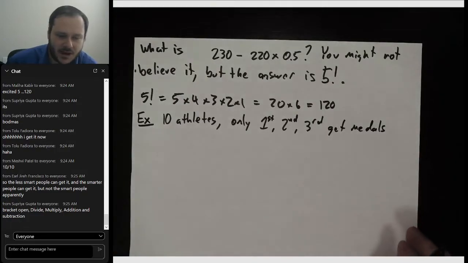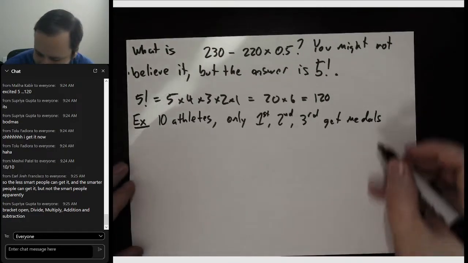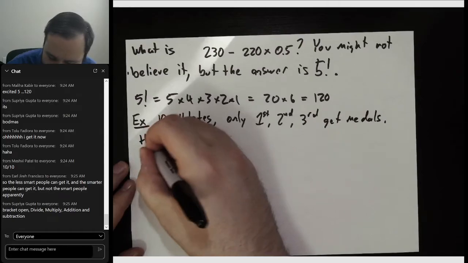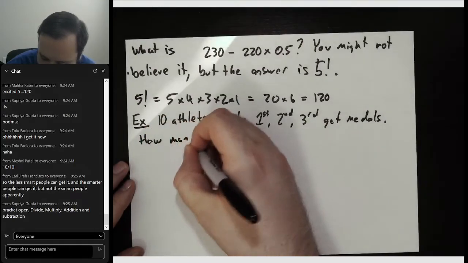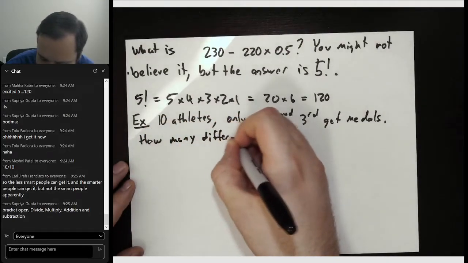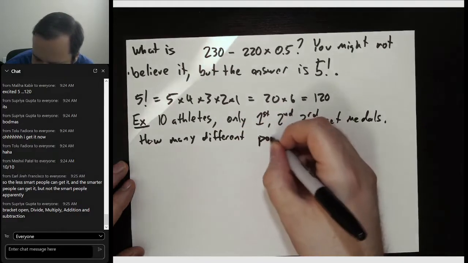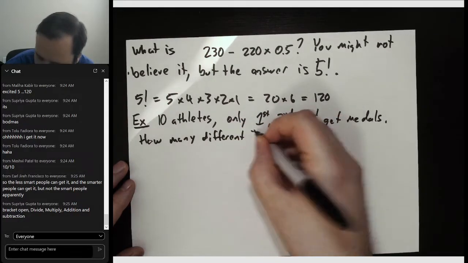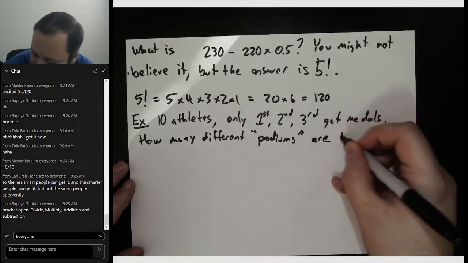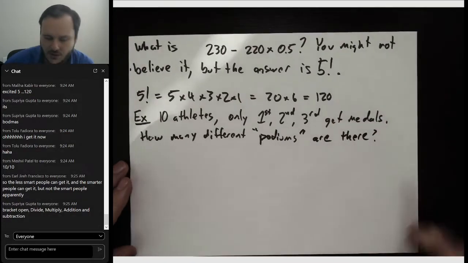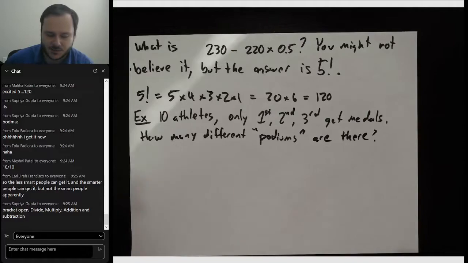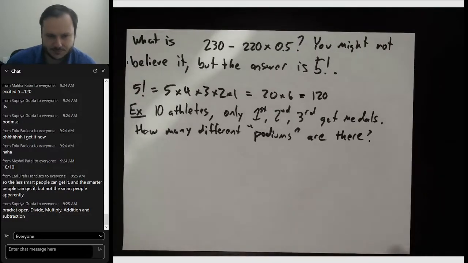And they're different medals. They're gold, silver, bronze. How many different podiums are there? How many different ways are there to have a first place, a second place, and a third place?